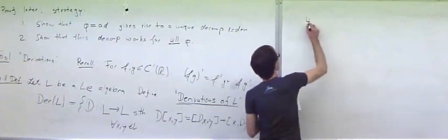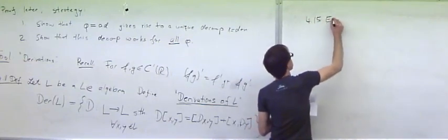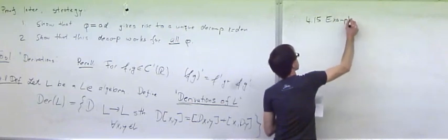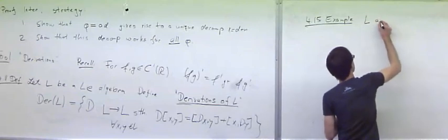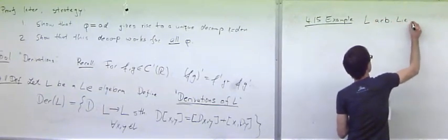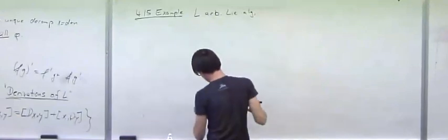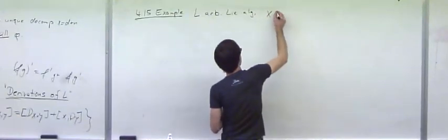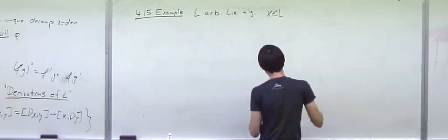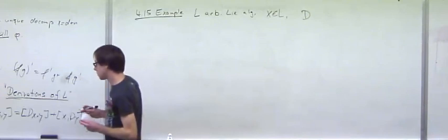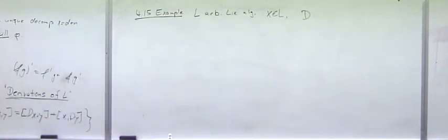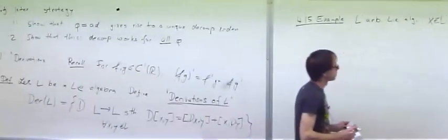Yeah, let's do an example. L is an arbitrary Lie algebra here, and we fix an element x of the Lie algebra. I want to find a derivation, such a linear operator that fulfills this product rule.